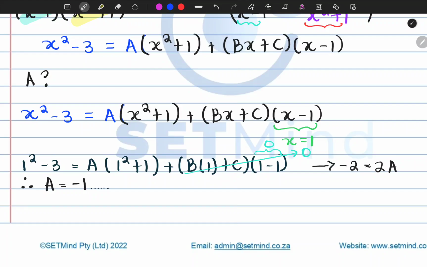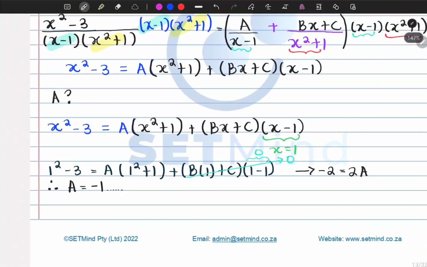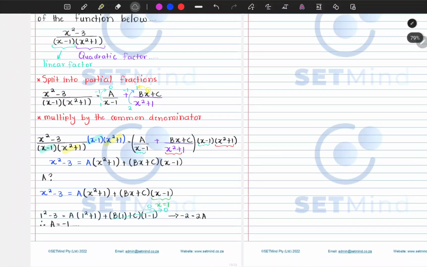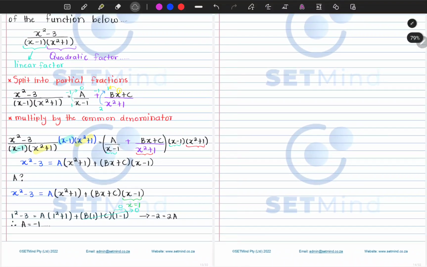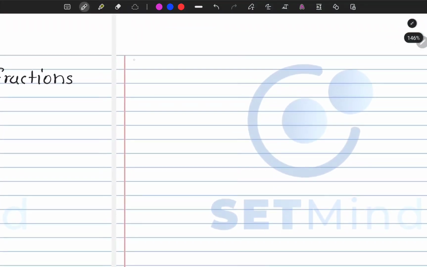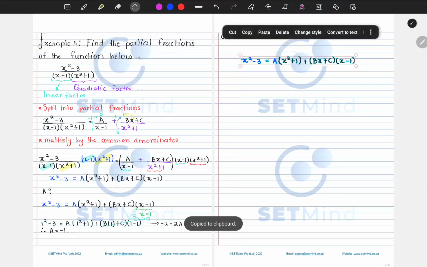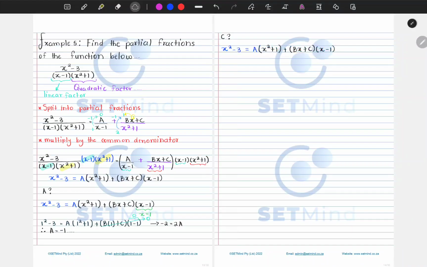Okay, so now let's go and look for the b and also the c. Let's solve for c on the next page. Let's choose c as an example. So let's copy that expression which we had, and because we already have a, I'm just going to put it up here.